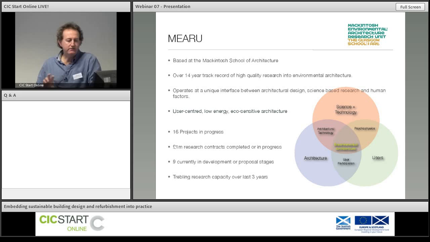We're interested in a place which is somewhere between architecture, somewhere between the people who inhabit architecture, building users, and somewhere between the science and technology of how buildings work and are used. So it's to do with energy, it's obviously to do with environmental performance, it's to do with effective architecture.